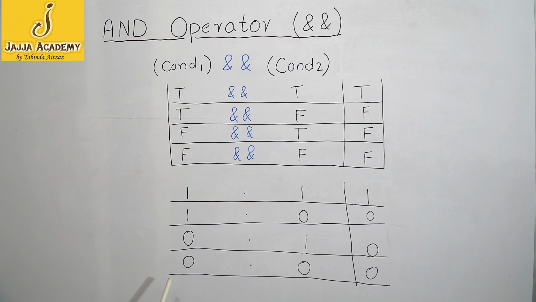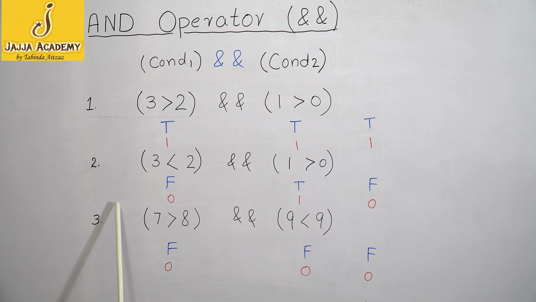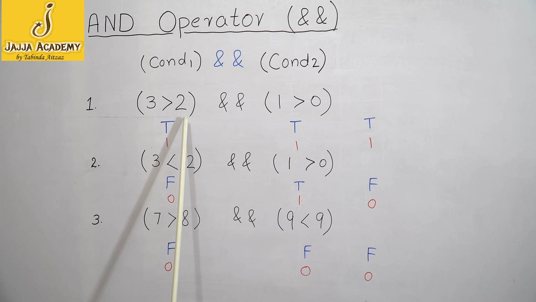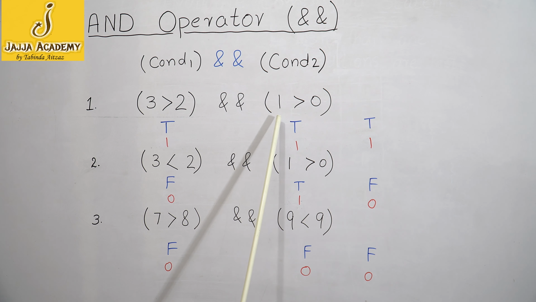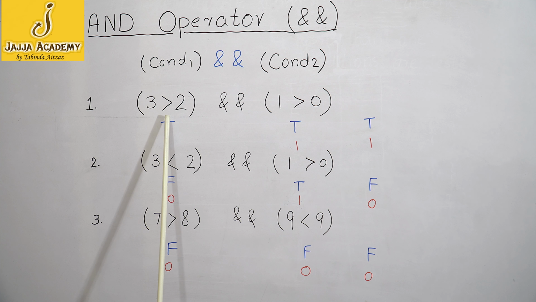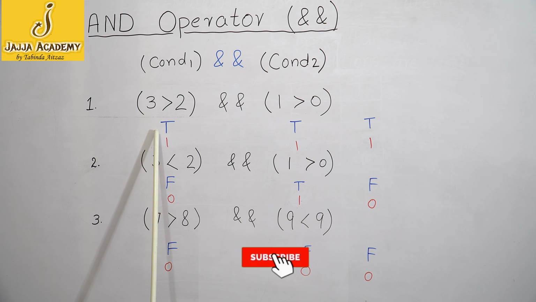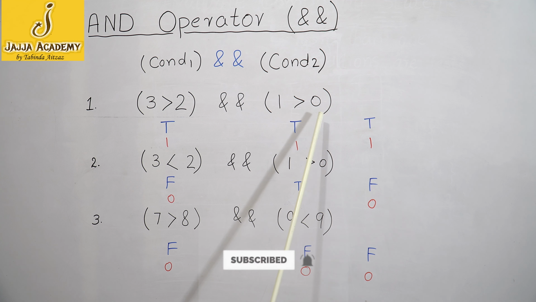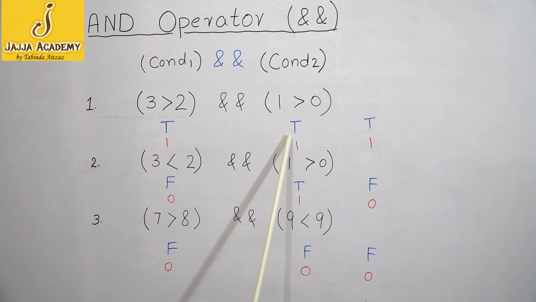Now let's take an example of AND operator. These are some examples of AND operator. Condition 1 is 3 is greater than 2 and condition 2 is 1 is greater than 0. As 3 is greater than 2, so it will return true, and 1 is also greater than 0, so it will return true.